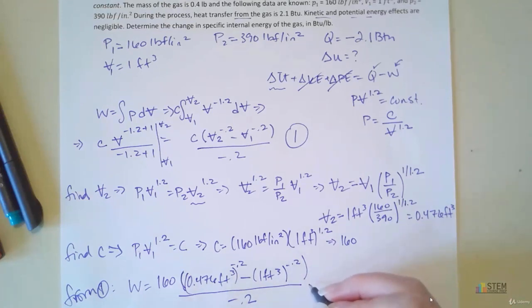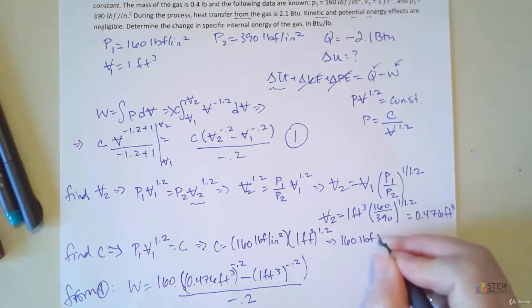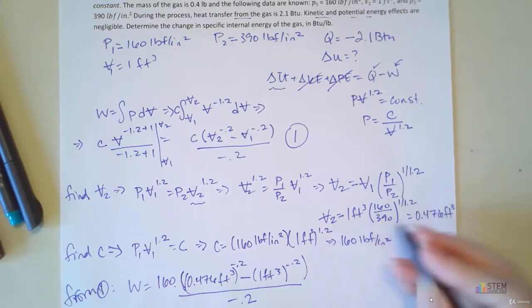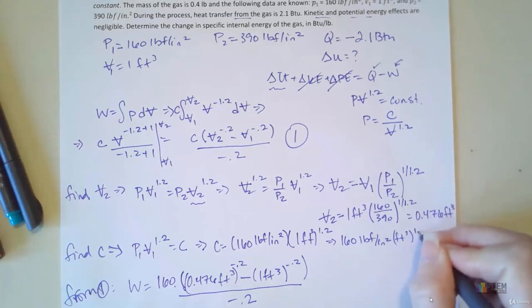Alright, so now what you're left with when you do all of this is you've basically got units of pressure from over here, because we had these pressure units here, and then you've got this cubic feet thing to the 1.2.